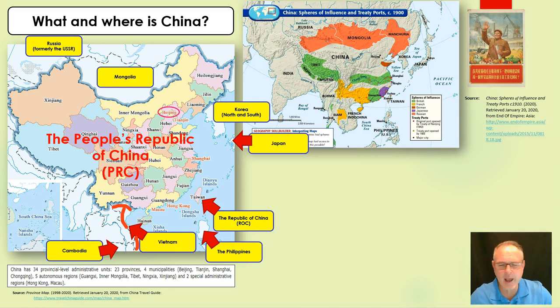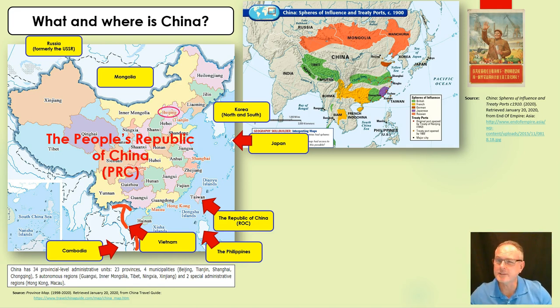Up until around 1911, you could actually argue a bit longer, China had been carved up into spheres of influence by Western empires. And so this map I've just put on the screen here captures this division of China, this control of Chinese territory by Western empires and westernized empires such as the Japanese.